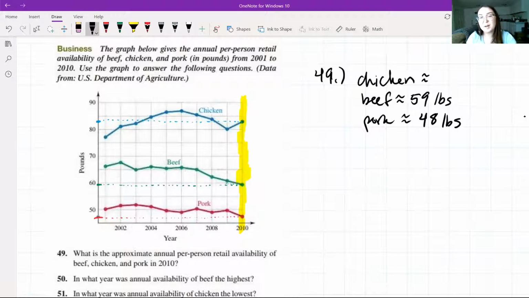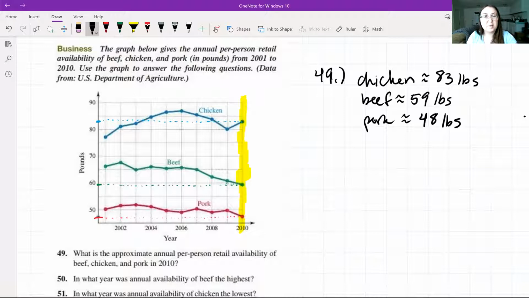And we're just approximating, so 60 pounds would also be a correct answer. Now we think about our last one, which is chicken. And it looks like our final notch is just below 85, but a little bit higher than the middle. So let's go with 83 pounds.